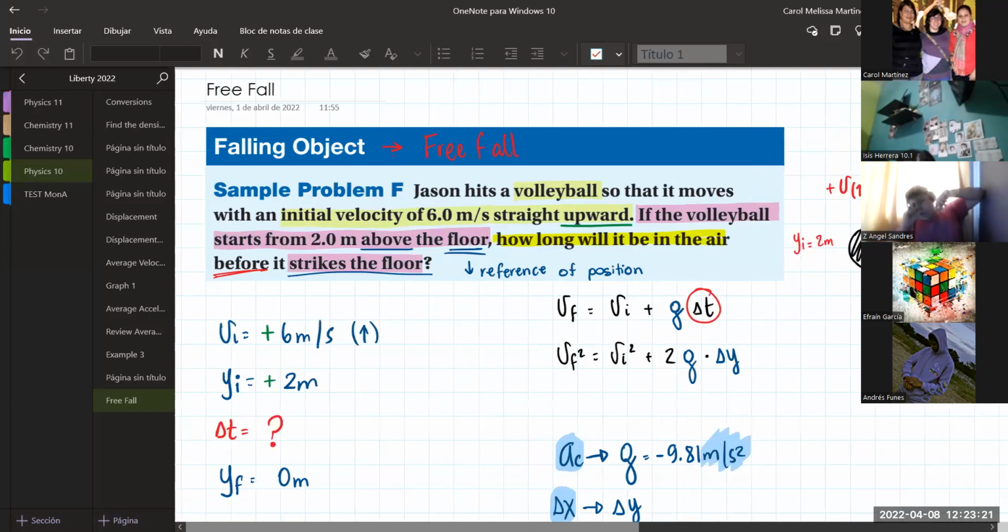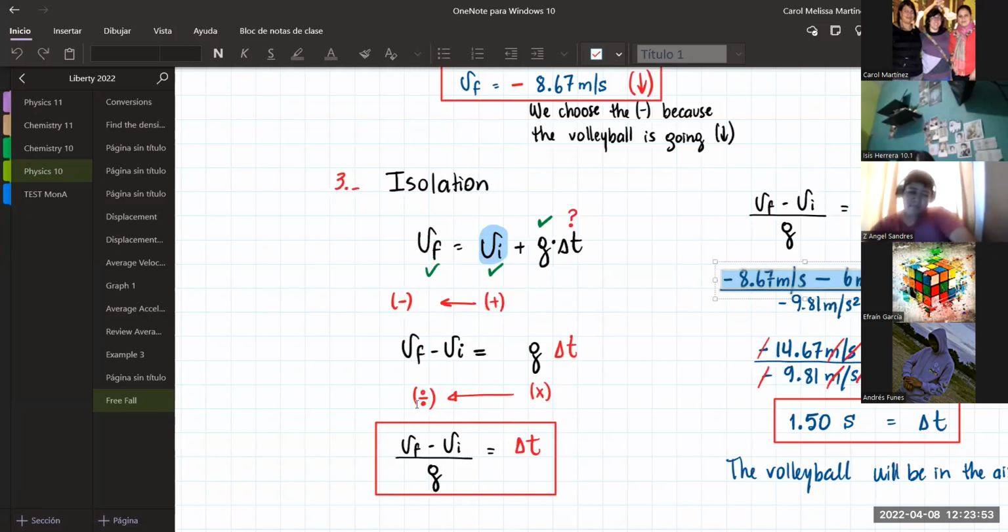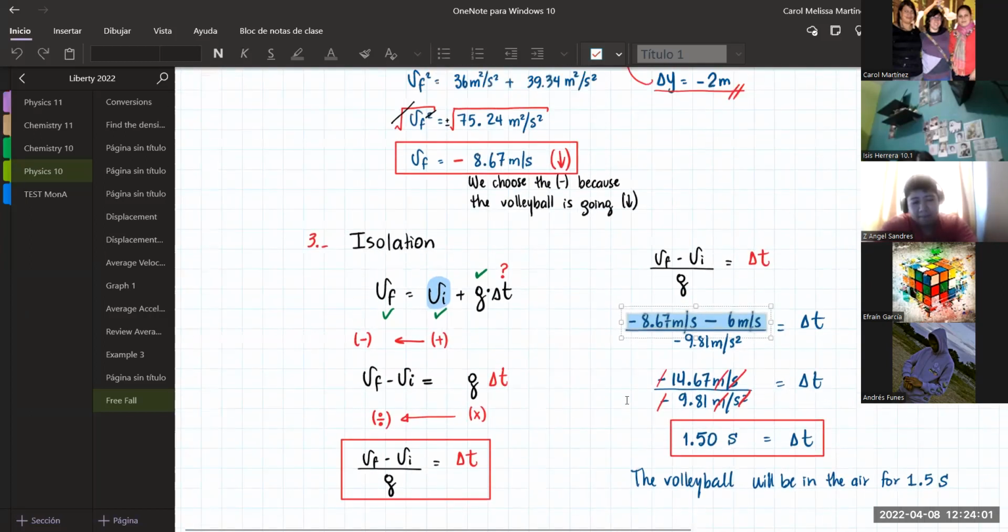So when the problem says, how long will it be in the air before it strikes the floor, we say, okay, the volleyball will be in the air for 1.5 seconds. You can write the answer as a sentence if you prefer.